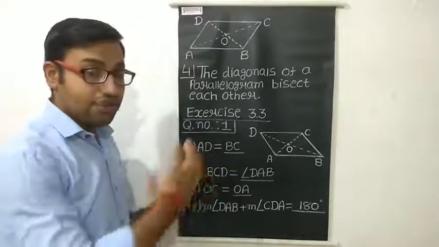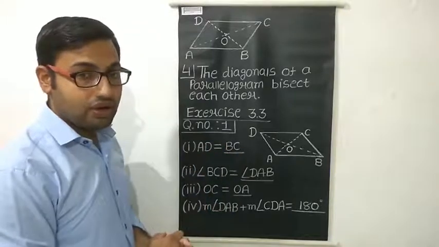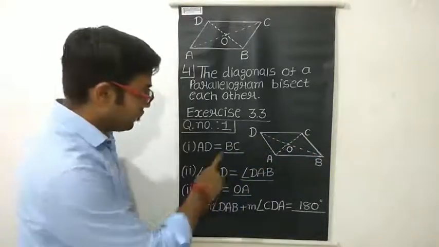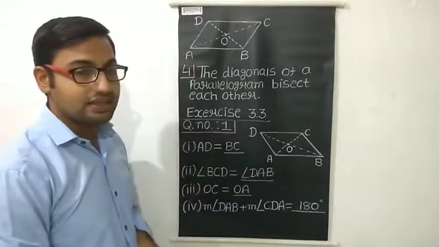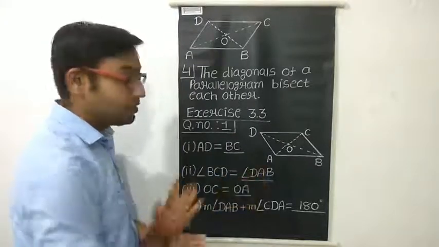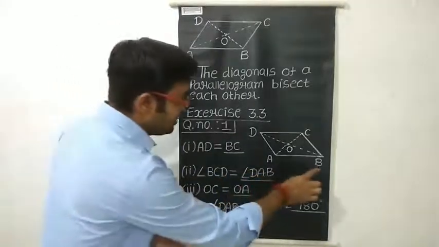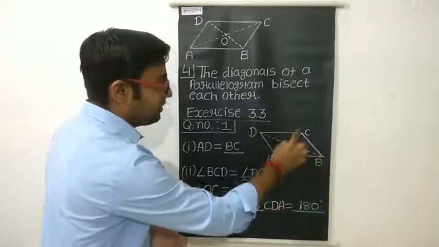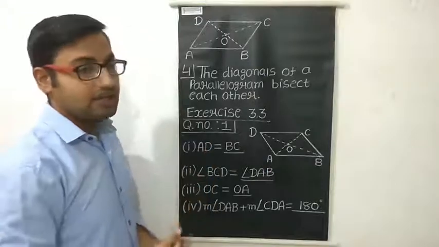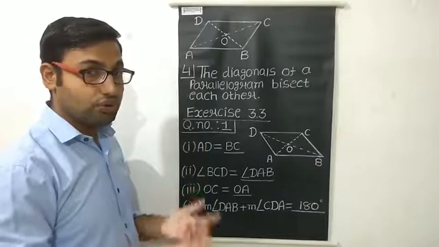Now we know that the opposite sides of a parallelogram are equal. So the AD side is equal to the BC side. So here we have to write down BC. Okay. Now the second one is angle BCD is equal to blank space. Angle BCD means angle C. Now we know that the opposite angles of a parallelogram are also equal.